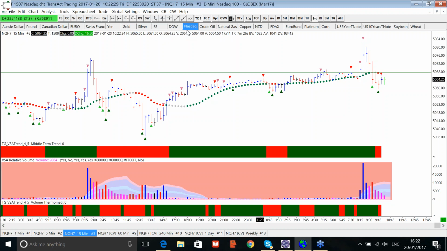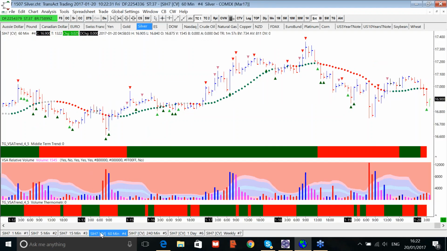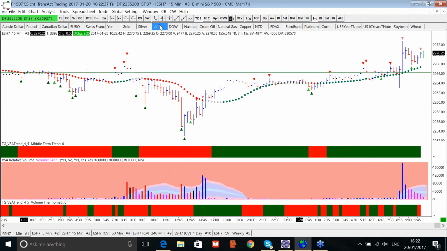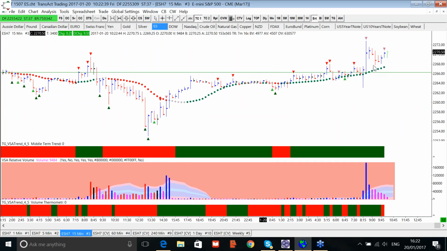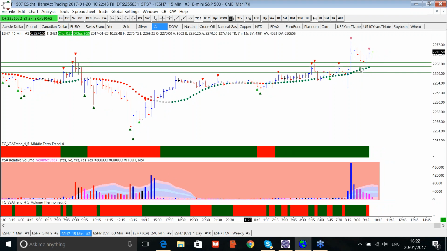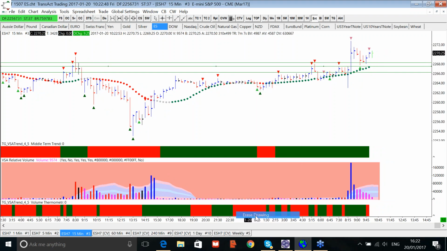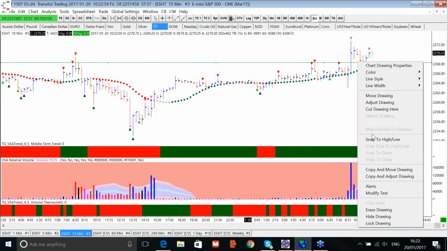Nasdaq's just pushed off a little bit more than the ES has. ES, if we go to the 15-minute chart, has come off a little bit. Sorry, that's silver. Let's go to the ES. There we go. Pushed up a little bit based on this bar right here, which you can clearly see. Let's just get rid of all the triggers for the moment.